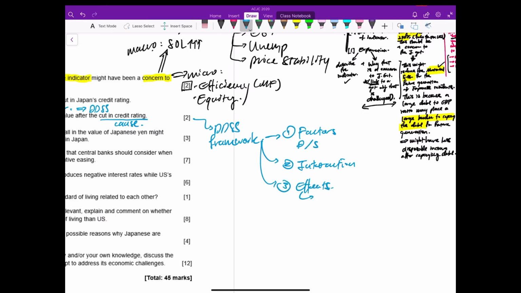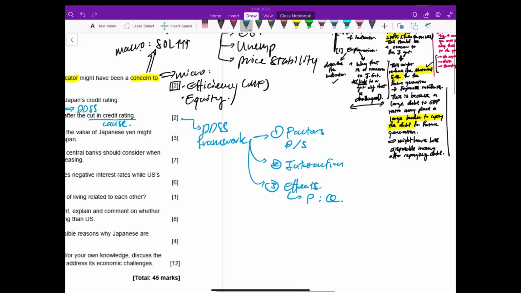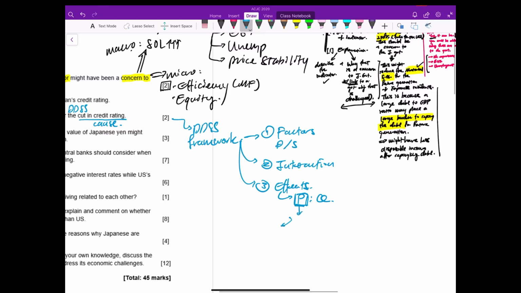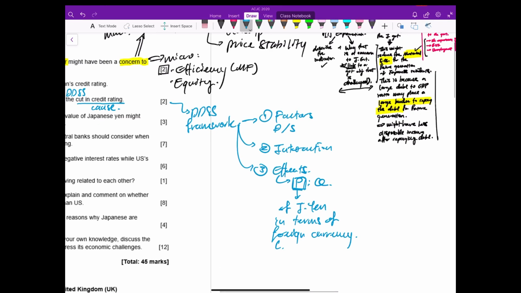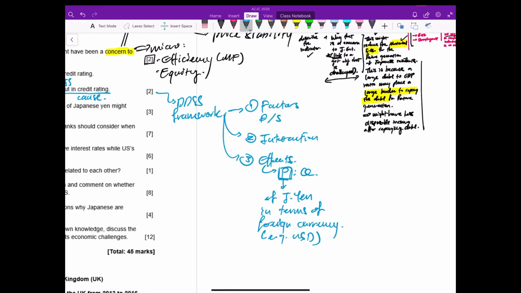And recall your standard demand-supply effects is P and Q. So when we talk about exchange rates, we are really saying P, the price of the Japanese yen in terms of foreign currency. So to make it simpler, I'll just say in terms of the USD. So that's really the price.